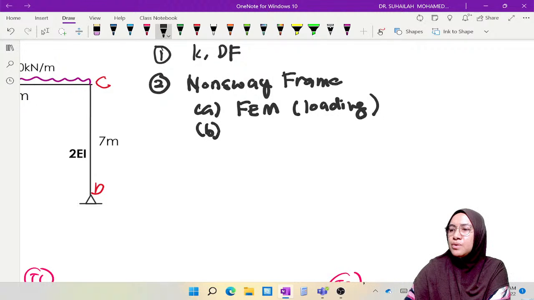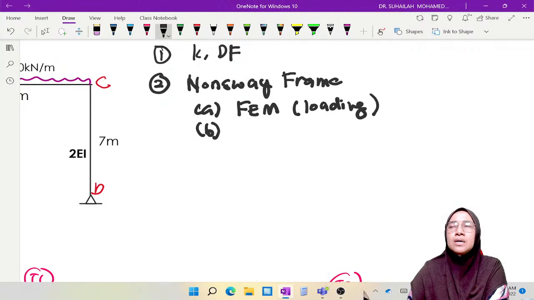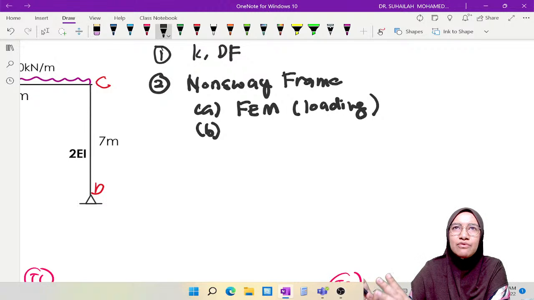Number 2, after we have calculated FEM, of course FEM is the first member end moment in the table, so we will use this FEM to distribute moment, and the total moment from table number 1 is M naught.